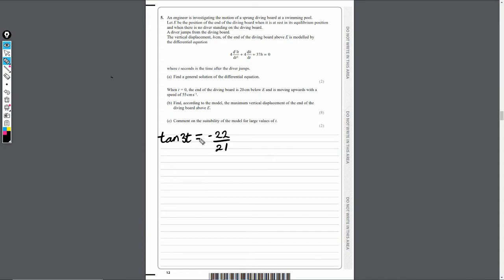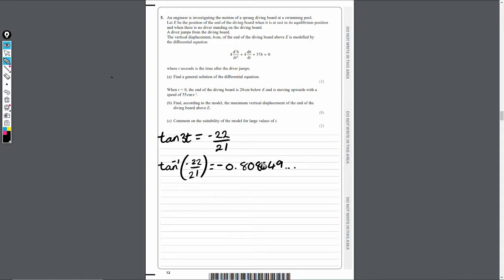So now we just have to solve this. If I take tan inverse of both sides, that will give me minus 0.808. It goes on for quite a bit, 6, 4, 9, and so on. But I'll just write it like that.